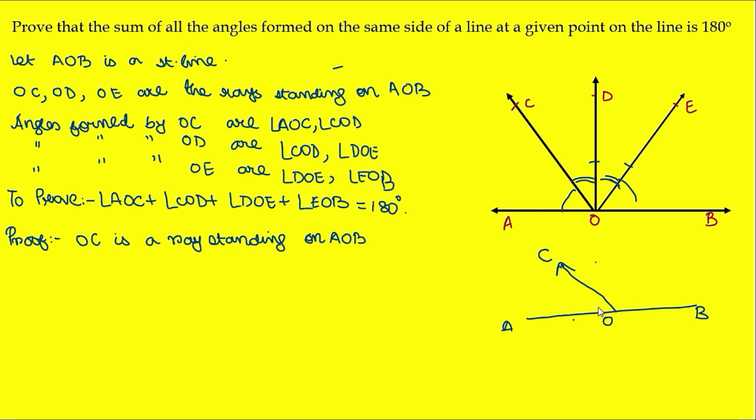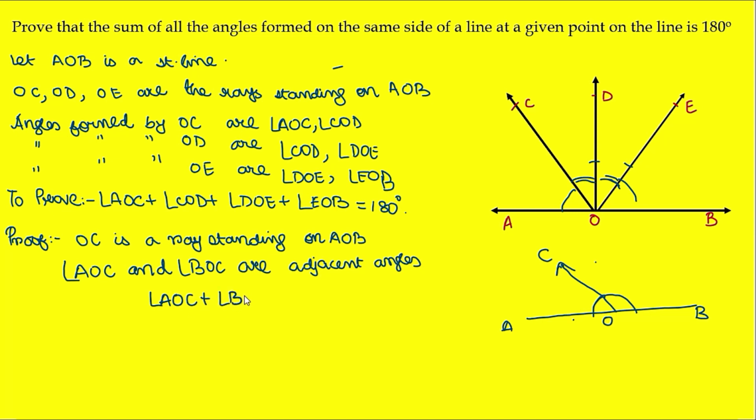So what are the angles formed now? The adjacent angles are angle AOC and angle BOC. So we will write that angle AOC and angle BOC are adjacent angles, and they completely form 180 degrees.